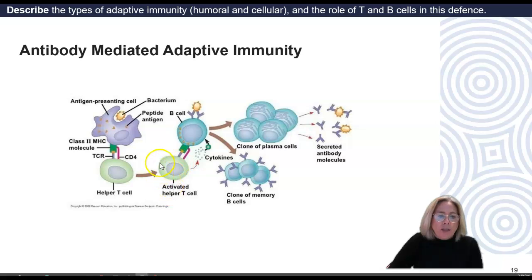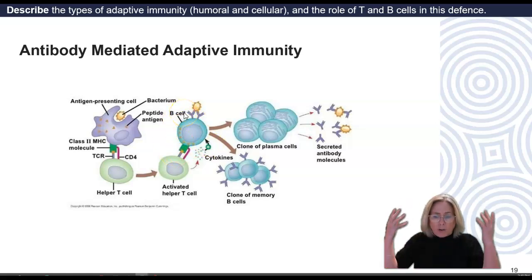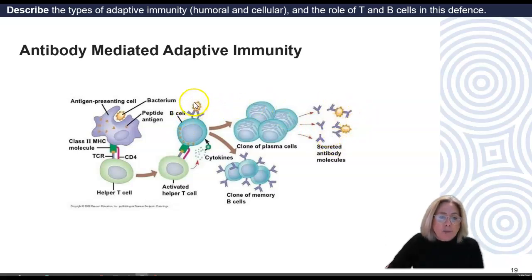And then these activated T cells will bind to the B cells, and through the process of releasing cytokines, that will activate this B cell, causing it to proliferate and differentiate into this clone of plasma cells that then produce these antibodies. And these antibodies are the same as this antibody that bound the bacterium to begin with.